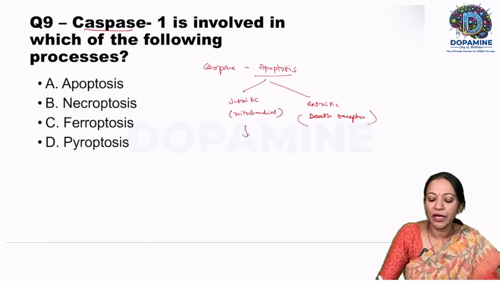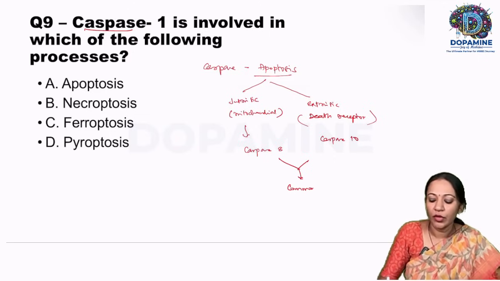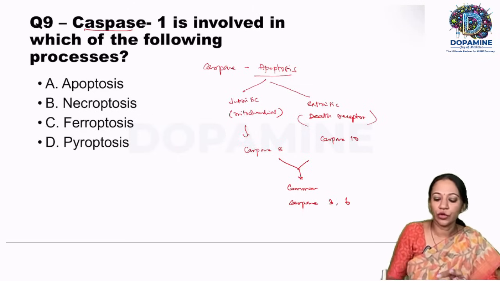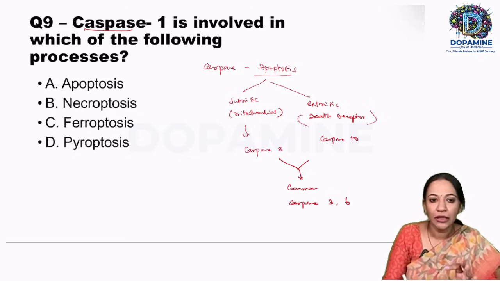The intrinsic pathway will involve caspase 9, and the extrinsic pathway will involve caspase 8 and 10. Then you have the common pathway involving caspase 3 and 6.